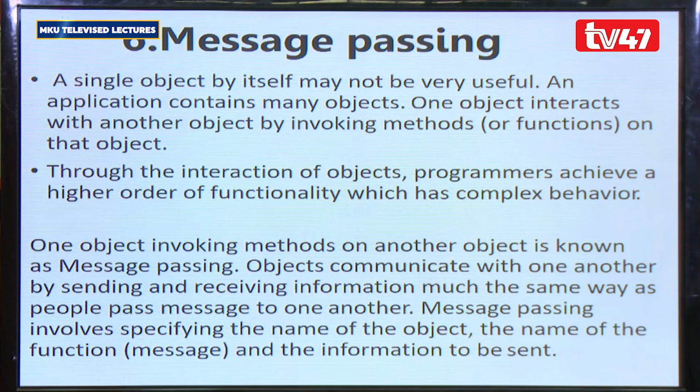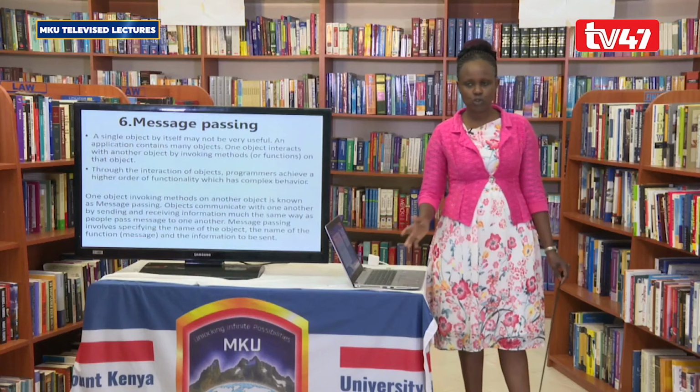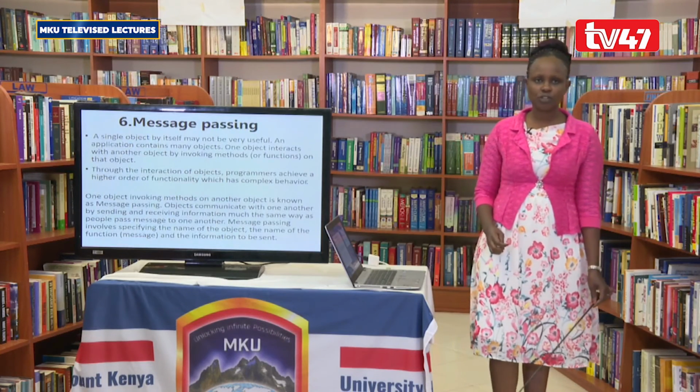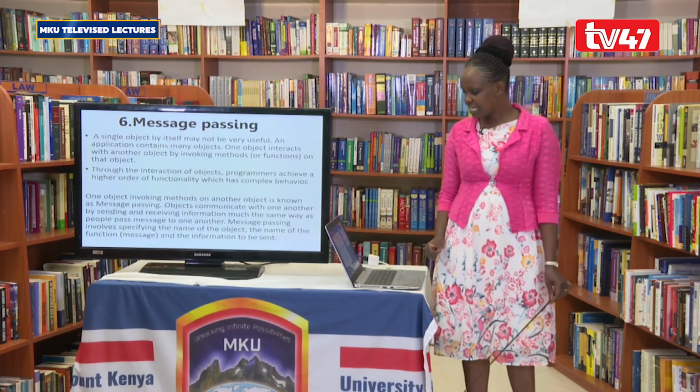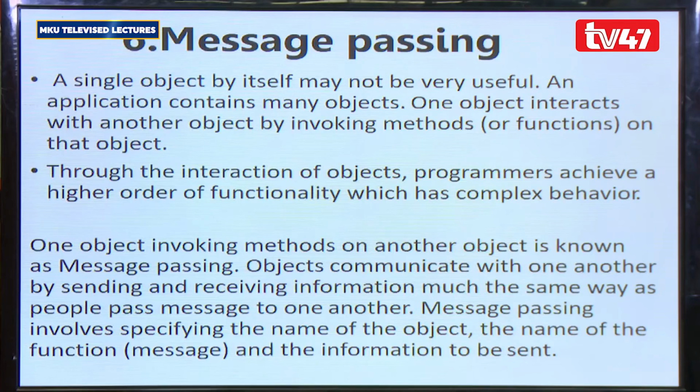We can also see the concept of message passing, and the interaction between objects usually happens through this concept. Simply stated, a single object by itself may not be useful. An application can have so many objects, because object-oriented programming is based on the concept of objects.